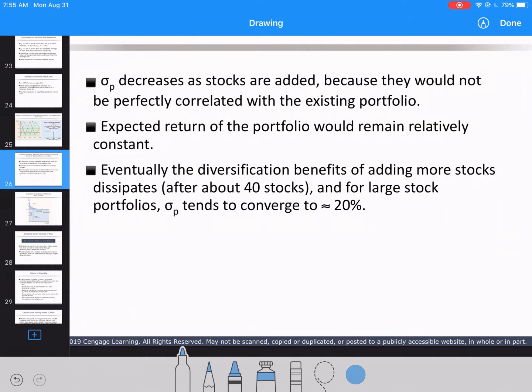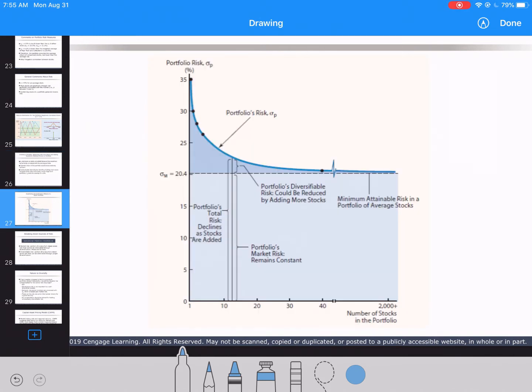All right, then I'm going to talk about this graph, which is a very important graph for you because it shows you a few things. One of them is what the relevant risk is. So we are going to find out what the relevant risk is. You should be compensated for relevant risk.